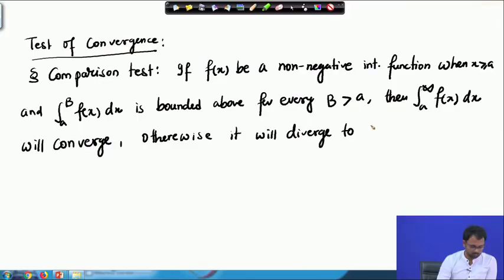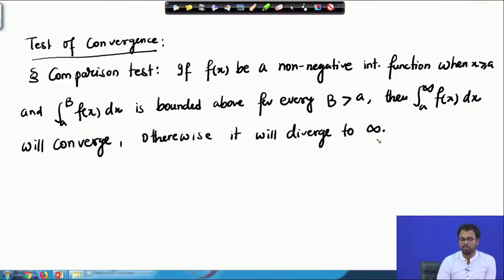So what it says is that if we have a non-negative function f(x) which is integrable for x greater than or equal to a, and the integral from a to b, where capital B can be treated as the upper limit of this range of integration, is bounded for every b greater than a, then the integral from a to infinity will also converge.